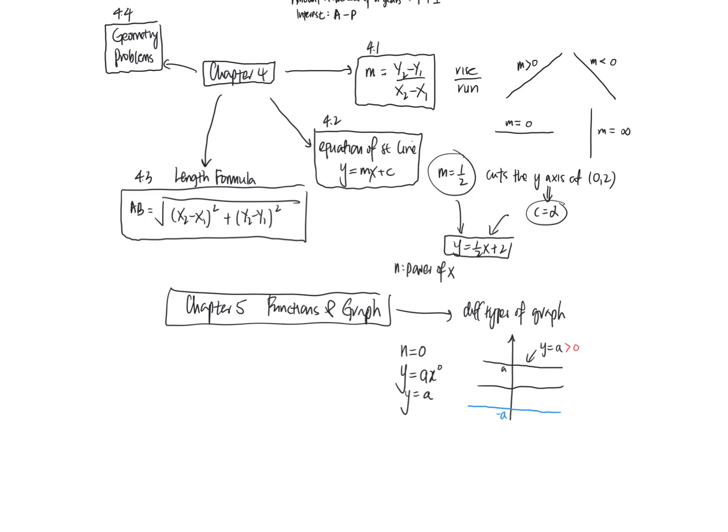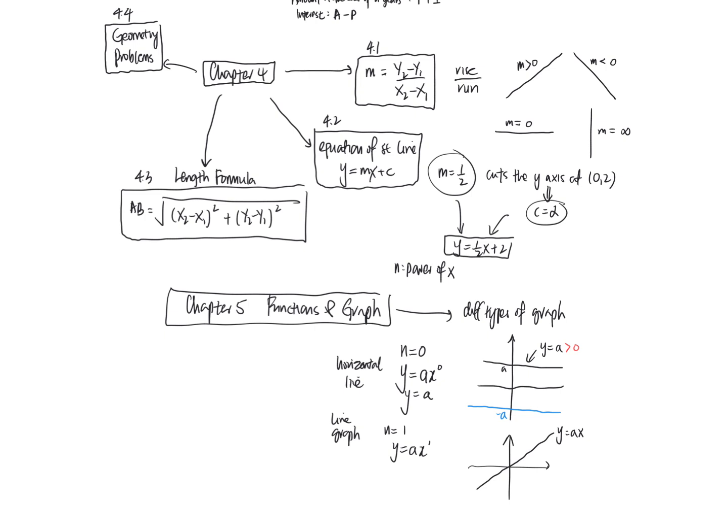Next type of graph, this is a horizontal line. Next type of graph is your linear graph. So when n is 1, so you see x power 1, then you will see a graph that slopes in this way, a line. So this is ax.